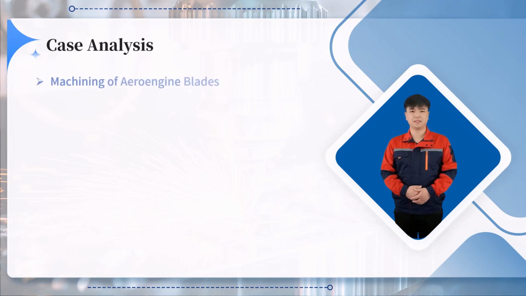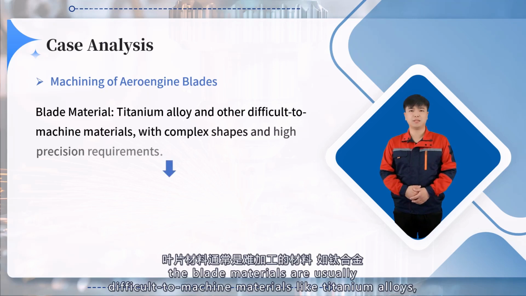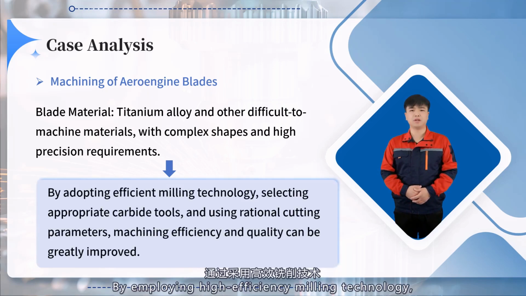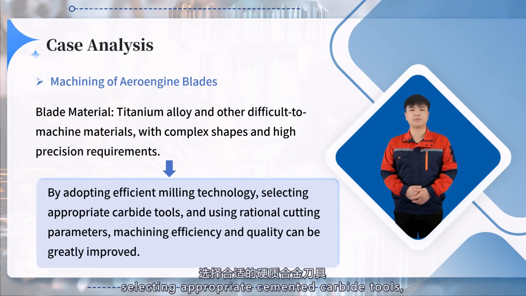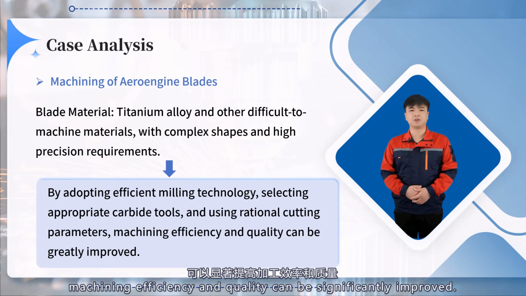Case study. Taking the machining of aircraft engine blades as an example, the blade materials are usually difficult-to-machine materials, like titanium alloys, with complex shapes and high precision requirements. By employing high-efficiency milling technology, selecting appropriate cemented carbide tools, and choosing reasonable cutting parameters, machining efficiency and quality can be significantly improved.